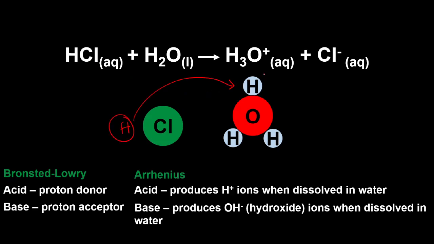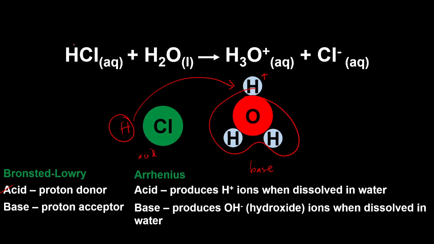Again, this H plus is a proton. So it donates its proton towards the H2O molecule. So this one is an acid according to Bronsted-Lowry, and this H2O molecule, since it accepts the proton, is our base in this case. So this one is a base, then this one is our acid.